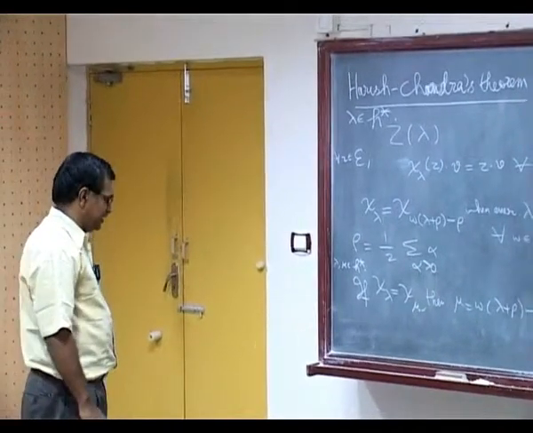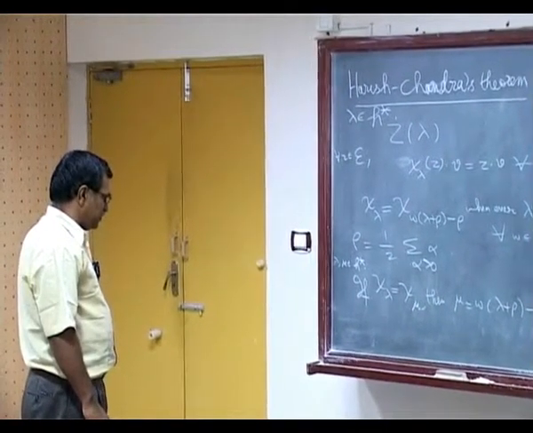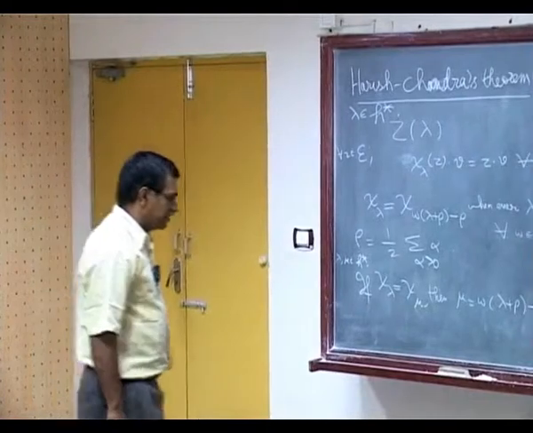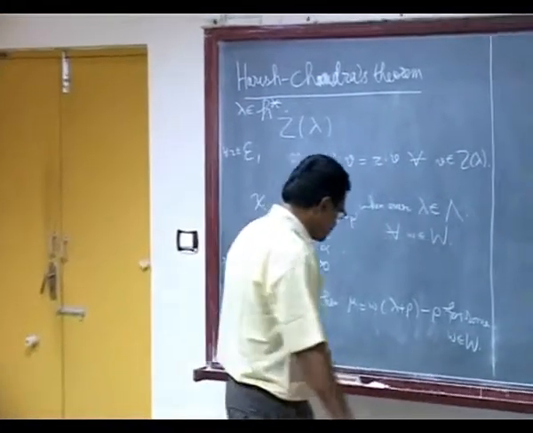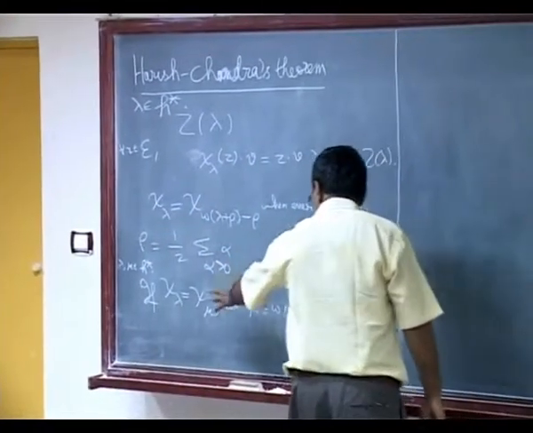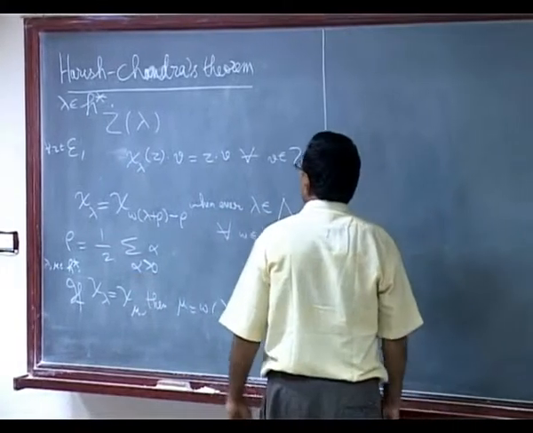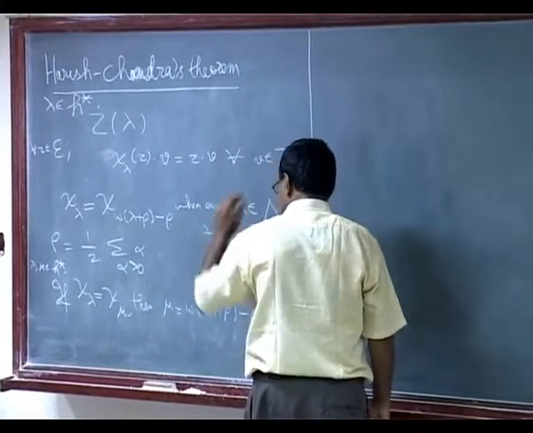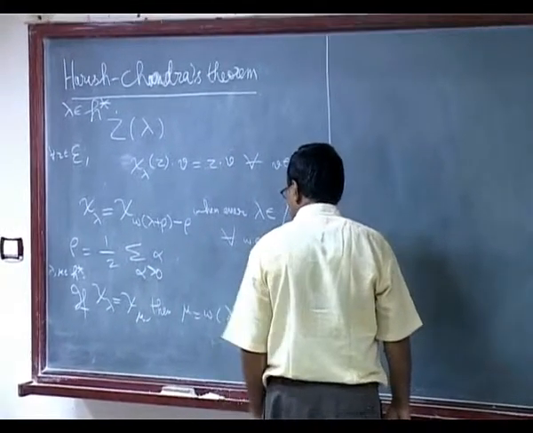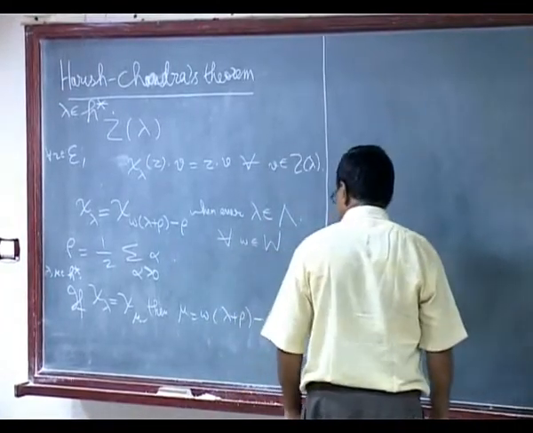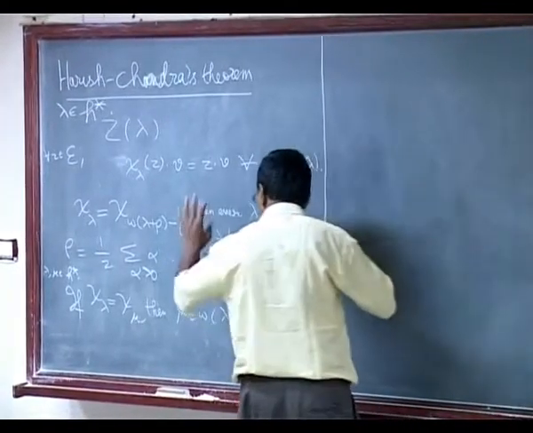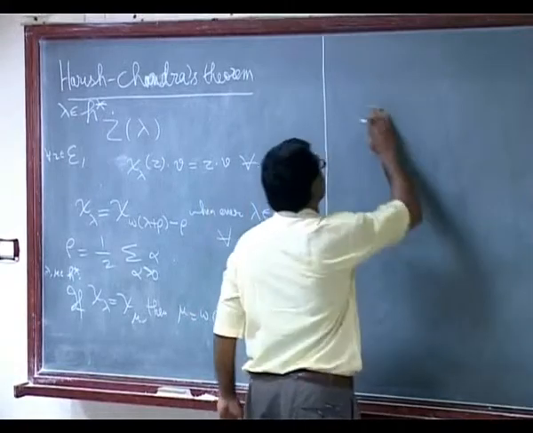We do not really worry when lambda and mu are not integral. So, in that sense, one should be happy even if Harish-Chandra's theorem holds only for lambda and mu integral. But anyway, this is true for any two.